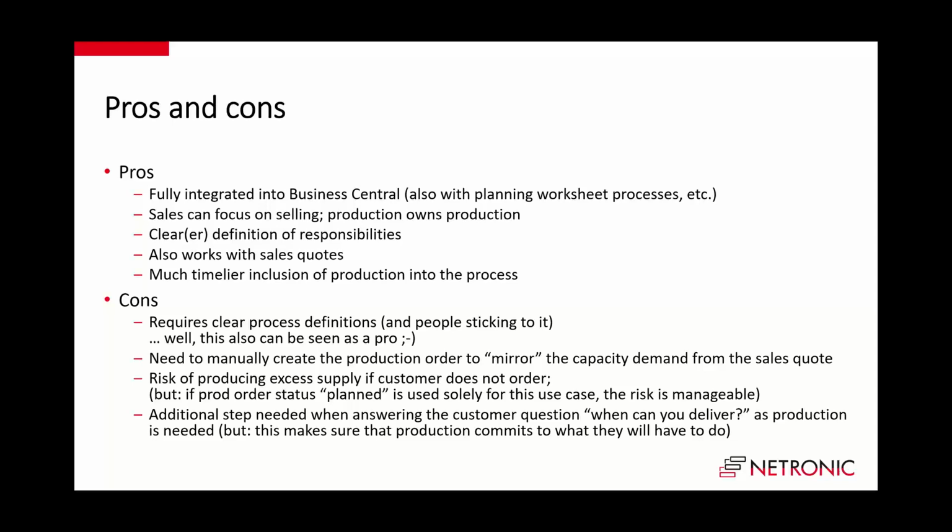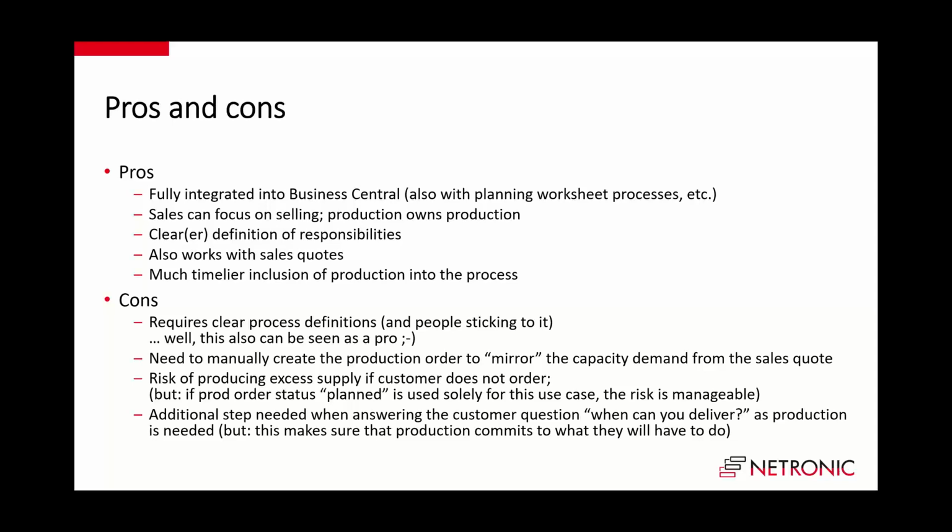There's definitely some overhead, because we also need to manually create the production order to mirror the potential capacity demand that comes from the sales quote. And also here we have the risk of producing excess supply if the customer does not order what we quoted them.